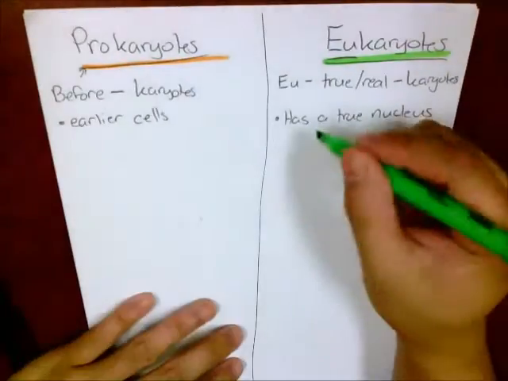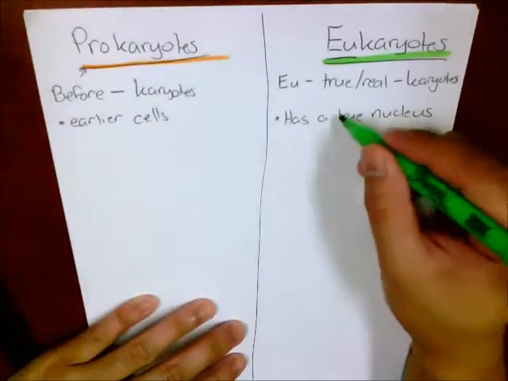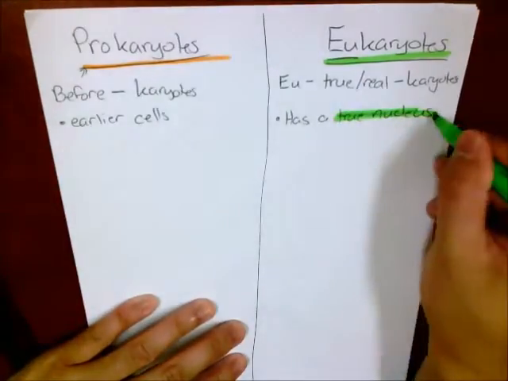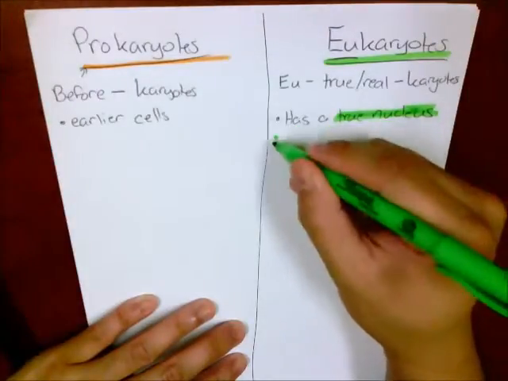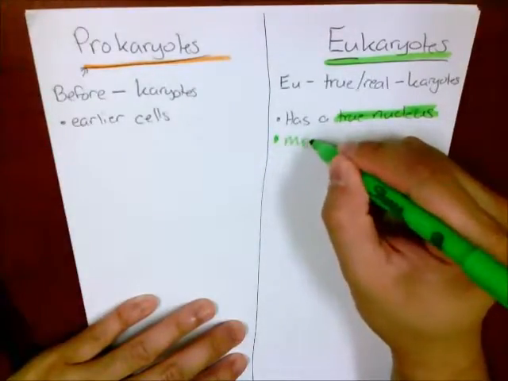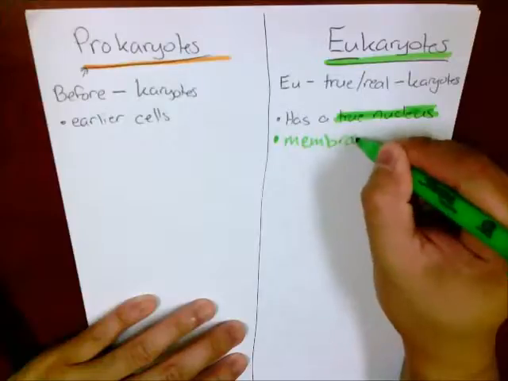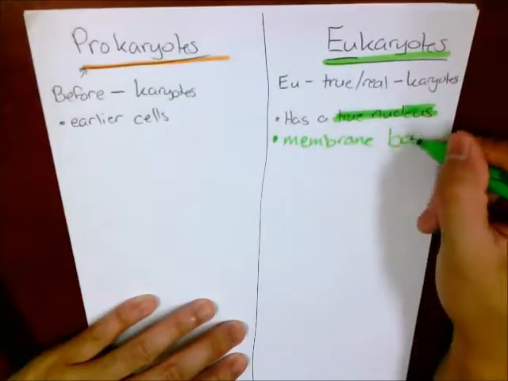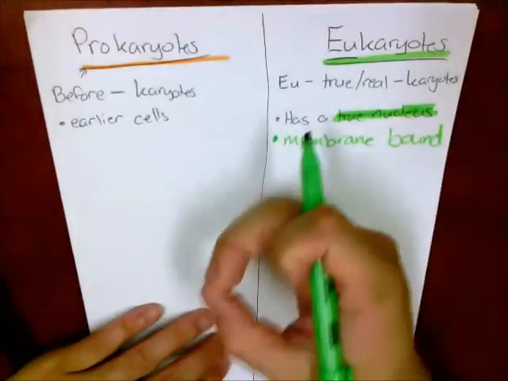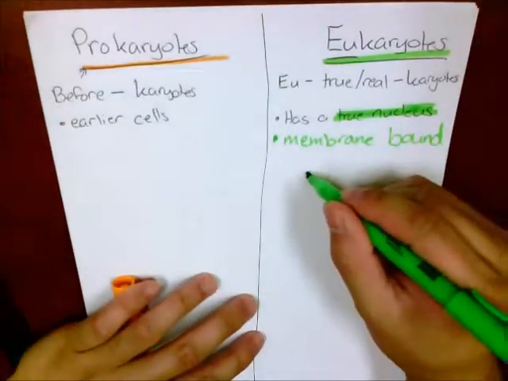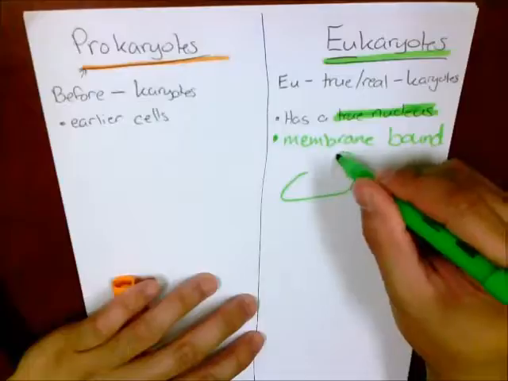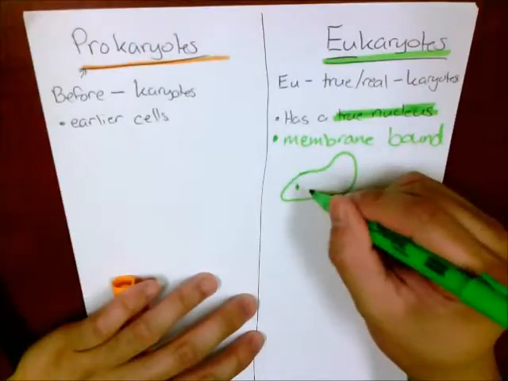Eukaryotes absolutely have a true nucleus. This is a big deal. You're going to see certain words associated with this, like membrane bound. All that means is that the nucleus is in that ball. You guys have seen these pictures where they have a cell, normally open like this, and it's got all sorts of stuff in it.